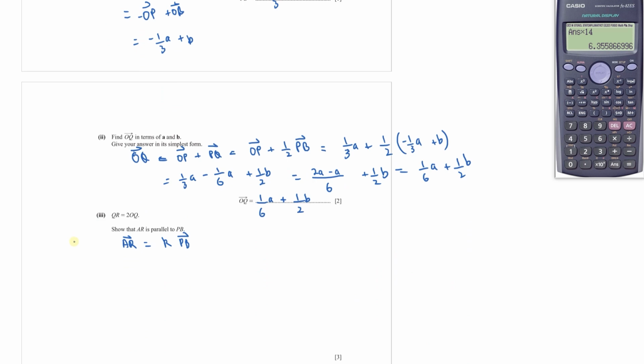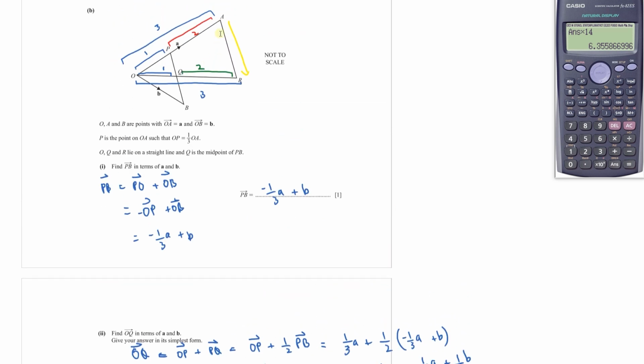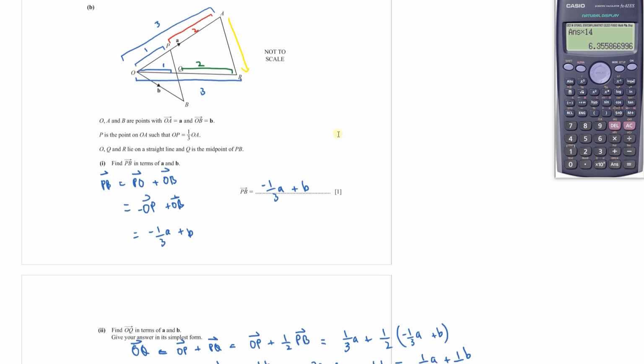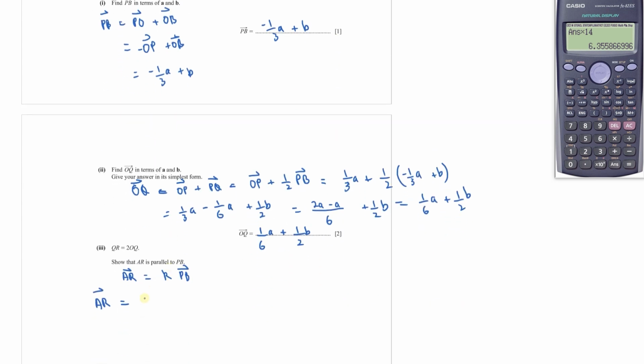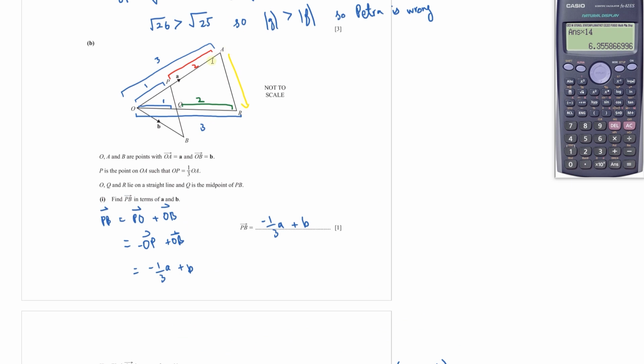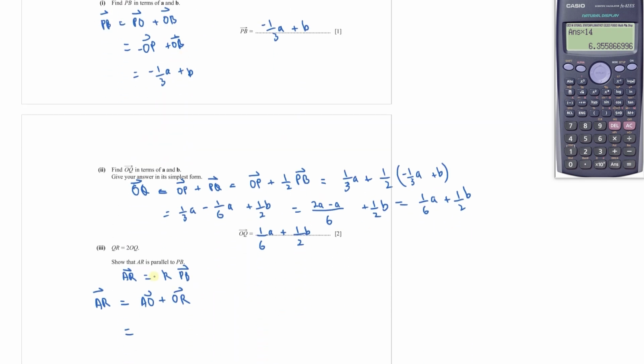So let's first find AR. AR is AO plus OR. AO is simply minus a, because OA is this value a. So AO is minus a, plus OR, which is 3 times this vector OQ.